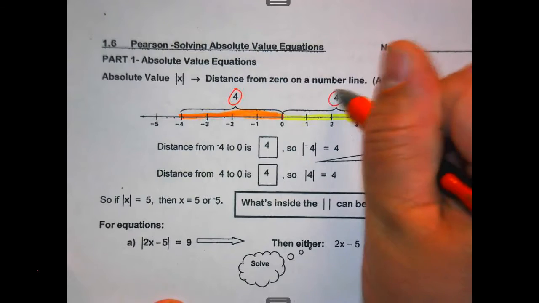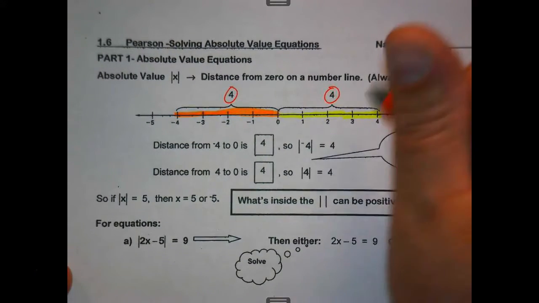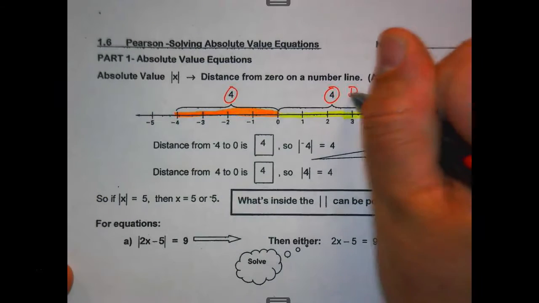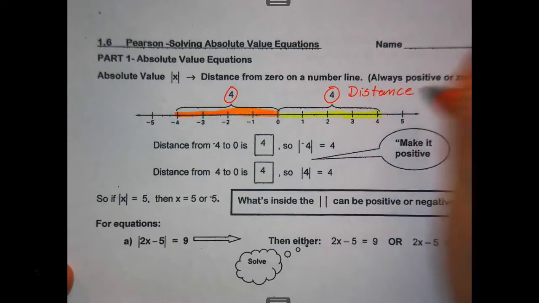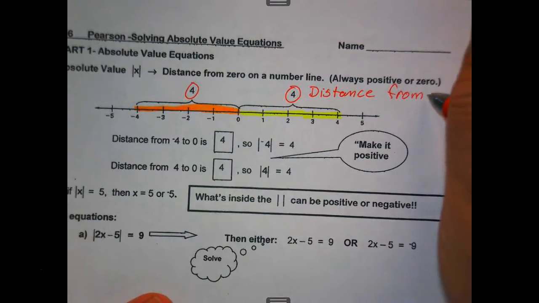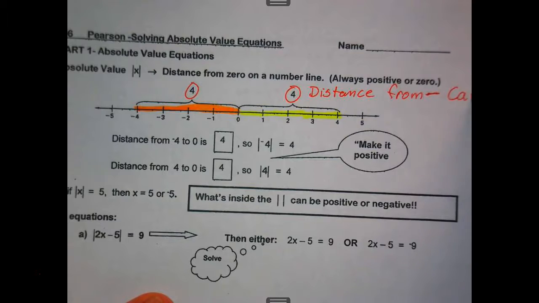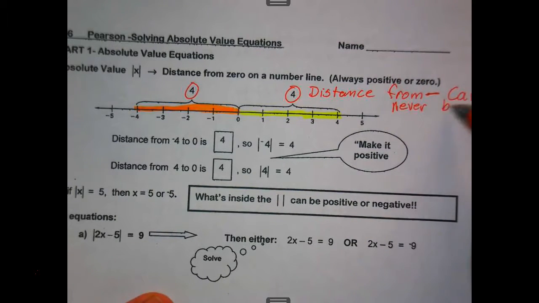This 4 represents the distance from 0, right? What do we know about distance? It can never be negative.